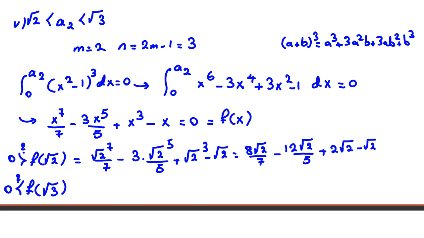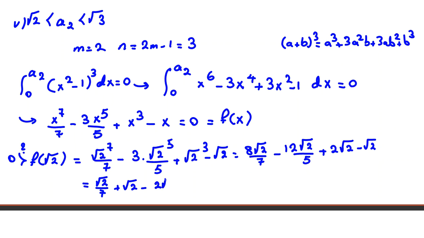Okay, and now let's see what we can do. 8 root 2 over 7, we can write it as 7 root 2 over 7 plus root 2 over 7, which is root 2 plus root 2 over 7.